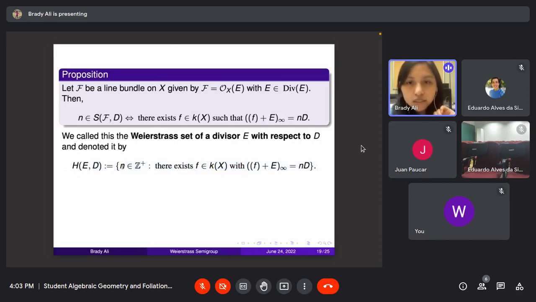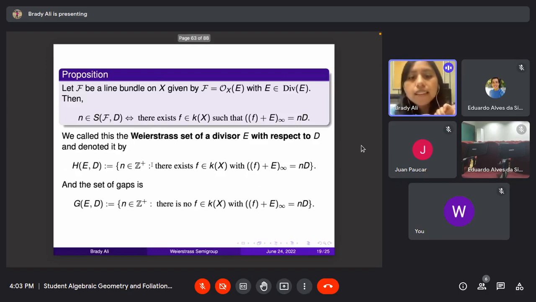It's called the Weierstrass set of a divisor E with respect to the divisor D. The set of gaps is defined as the complement of this set: all the positive integers n such that there is no rational function f with the divisor of poles of the divisor of f plus E equal to nD.